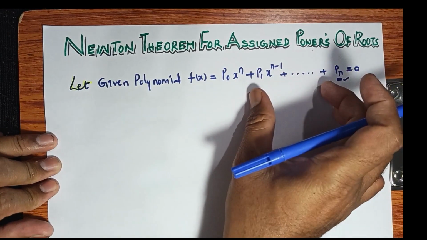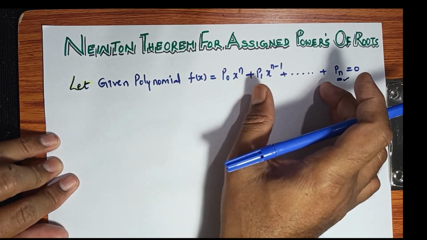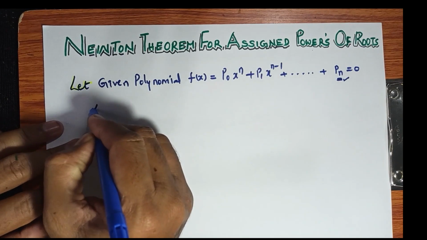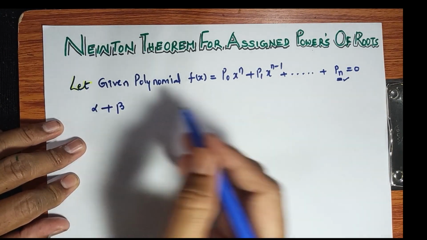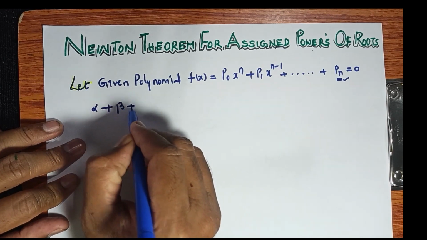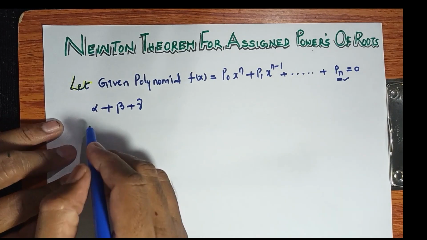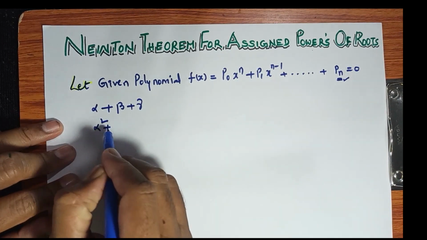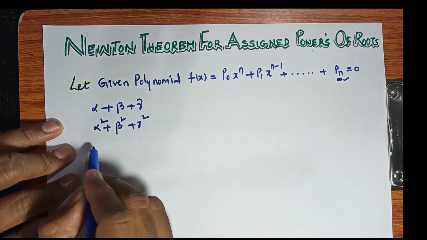Suppose, using this polynomial, that its roots are alpha, beta, gamma. Then can we find alpha plus beta plus gamma? And using this, can we find alpha square plus beta square plus gamma square?